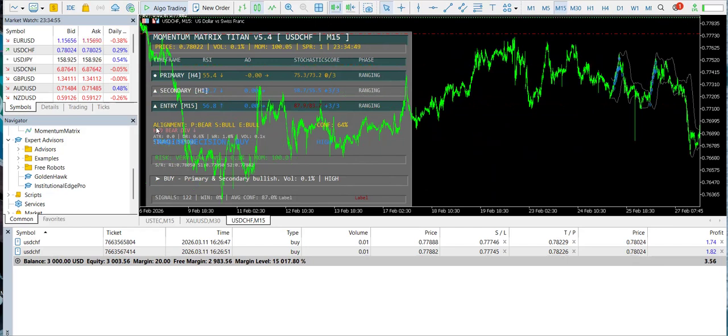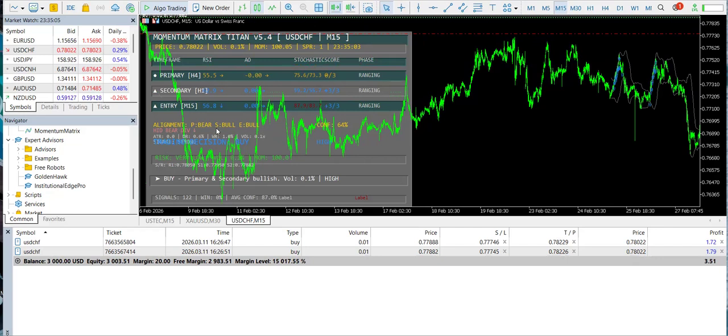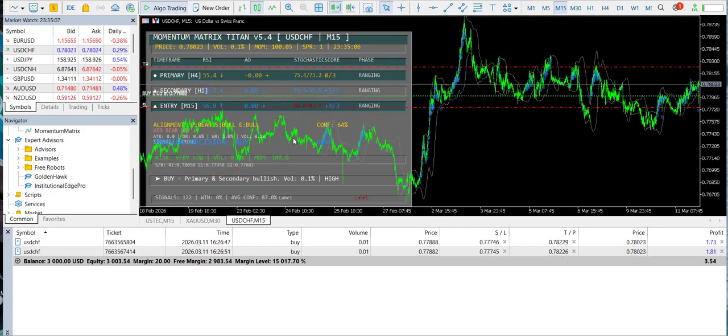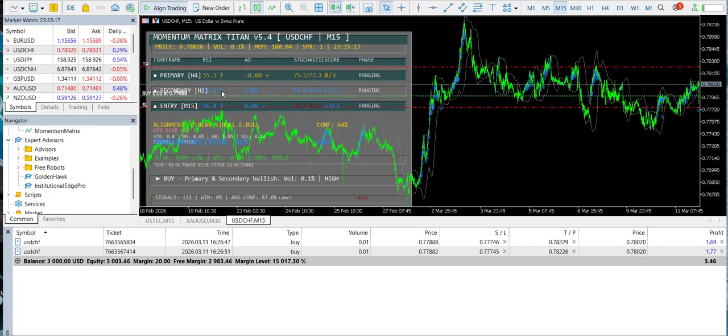So if you come here, where it says alignment, B for bear, S for bull, E for bull, it means alignment. So here we have three time frames. The first one, bear, this one here. The second one, bull, this one here.